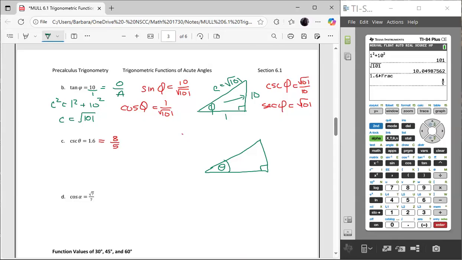Cosecant, the definition of cosecant, well, that's the reciprocal of sine, which is opposite over hypotenuse. So we take the reciprocal, and that's hypotenuse over opposite. So the hypotenuse is 8. The side opposite of theta is 5. And so to find out what is A, we get the square root of 8 squared minus 5 squared.